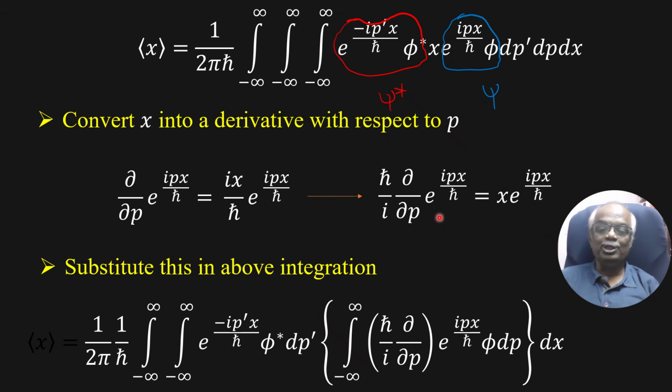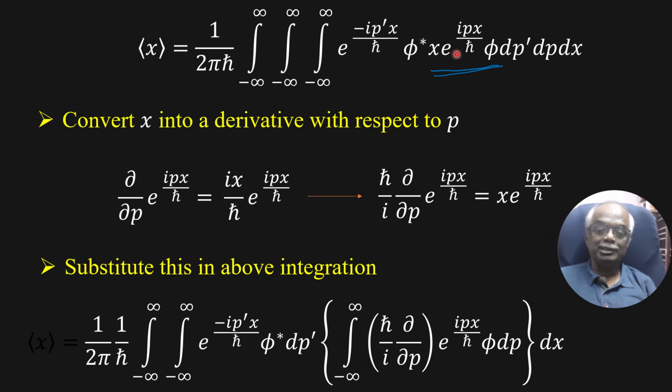Now what we are going to do is replace this x, this exponential term, by the left-hand side term, that is, h cross over i ∂/∂p of the exponential term, times phi, and we are integrating with respect to p.